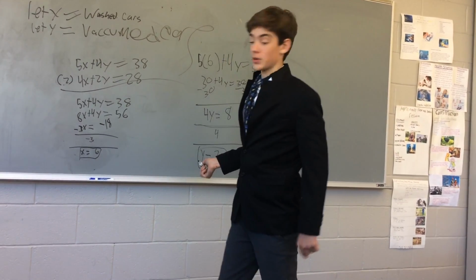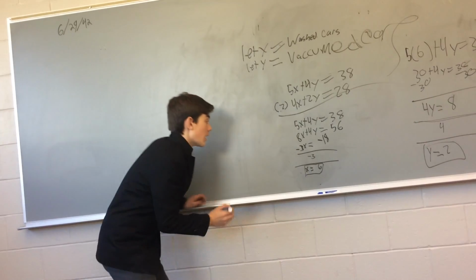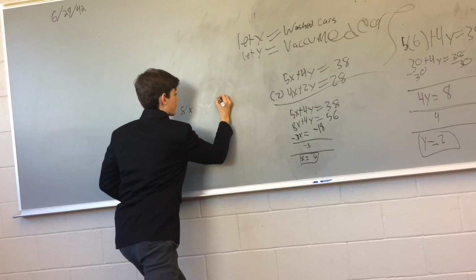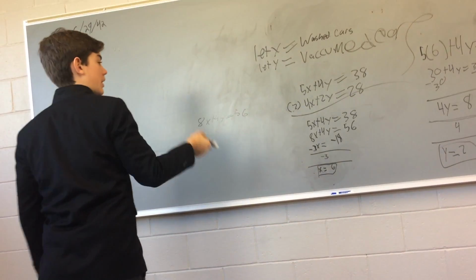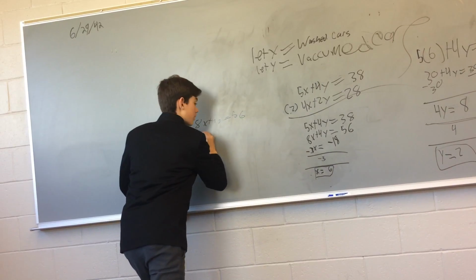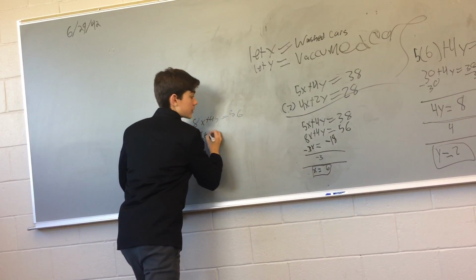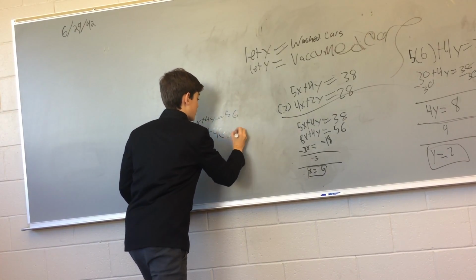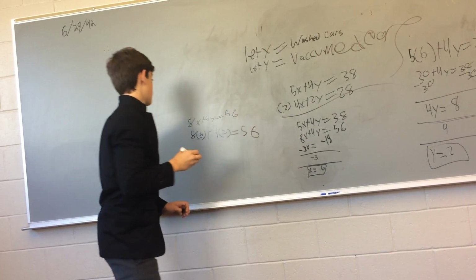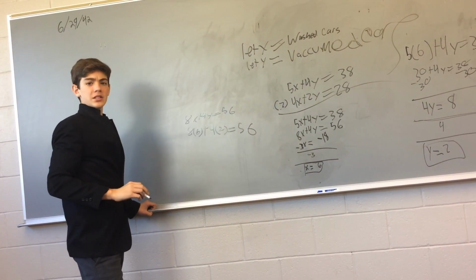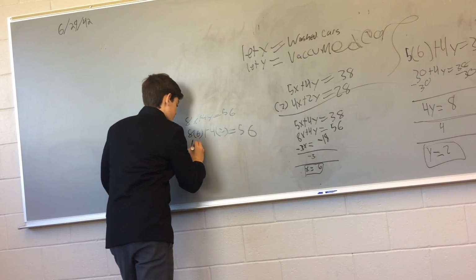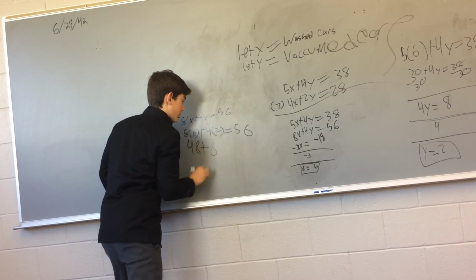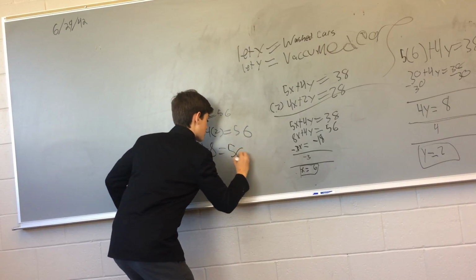So now we're going to check by putting both values into the second equation. We're going to move over to an unoccupied side of the board. 8x plus 4y equals 56. We plug in 6 for x and 2 for y, so 8 times 6 plus 4 times 2 equals 56. 8 times 6 is 48, plus 4 times 2, which is 8, equals 56.